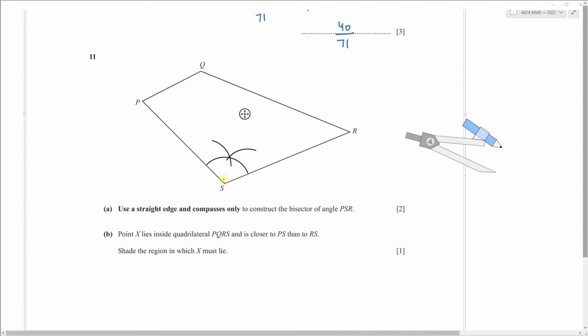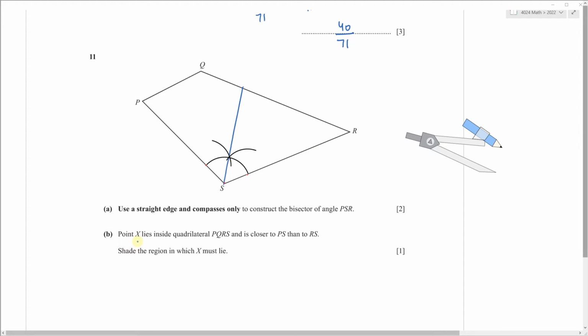So now I will connect my point S with the intersection of this arc and this arc, which is this point. So not this arc. I'm only looking for the intersection of this and this, which is this point here. So I'll draw a straight line from S passing through this intersection. So this will be my angle bisector of angle PSR.